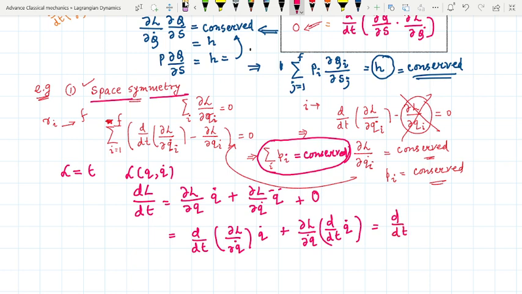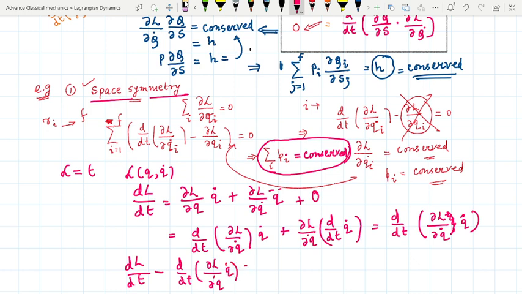So d/dt of ∂L/∂q̇ times q̇. So what we can obtain: dL/dt minus d/dt of ∂L/∂q̇ q̇ is 0, or we can say d/dt of (p q̇ minus L) is 0, that is p q̇ minus L is conserved.